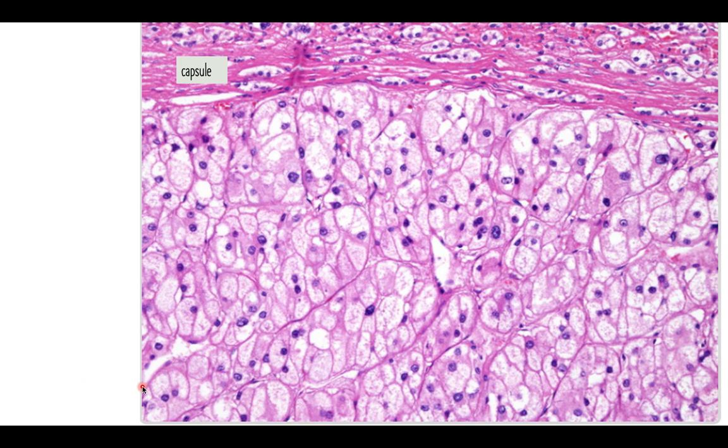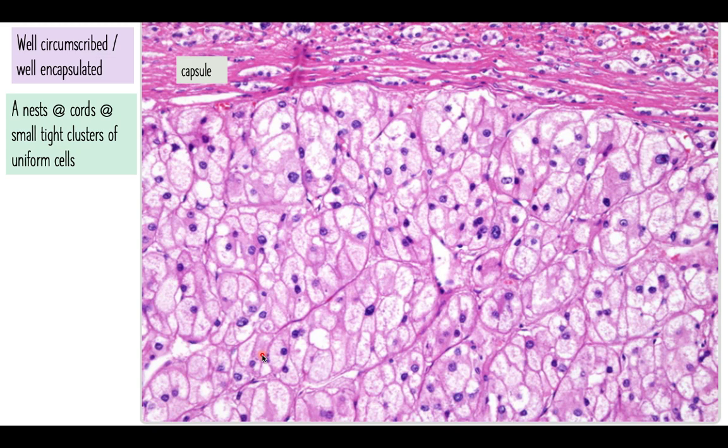Under higher magnification, it is a well encapsulated, well circumscribed tumor, and the tumor is arranged in nests, cords, or small clusters of uniform cells that are separated by thin fibrous septa containing blood vessels.